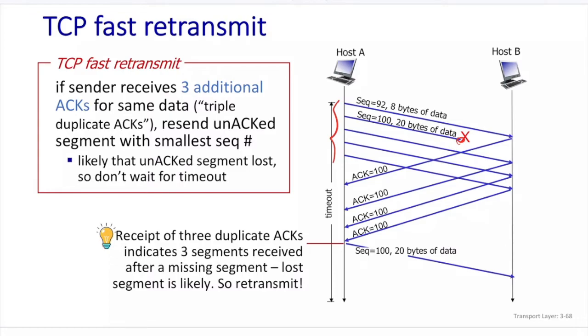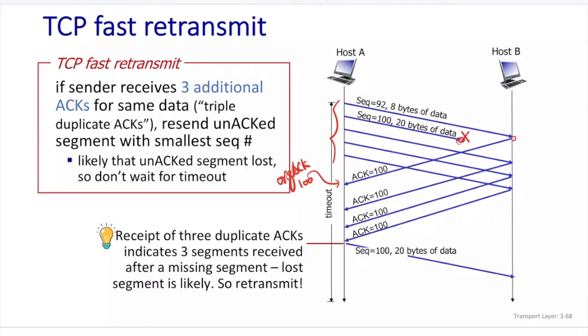And you can see that that is the original ACK 100, because it gets sequence number 92 and 8 bytes of data, so it will send ACK.